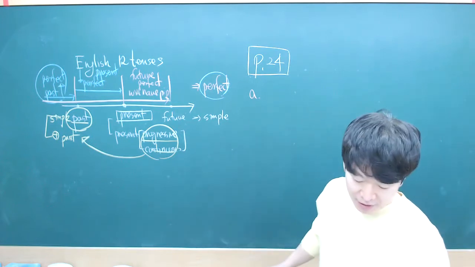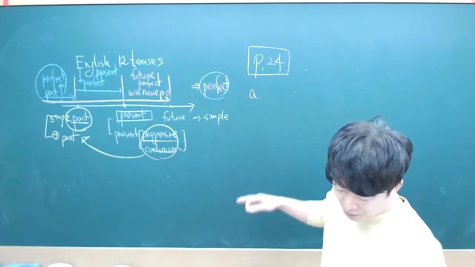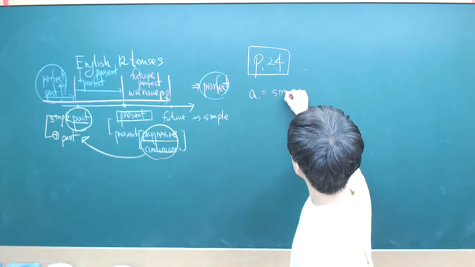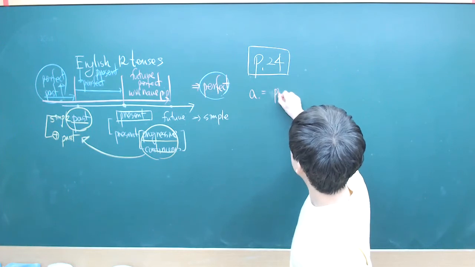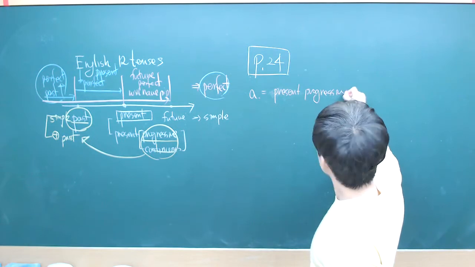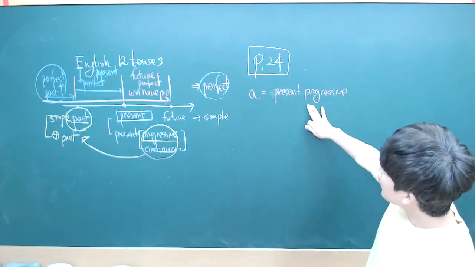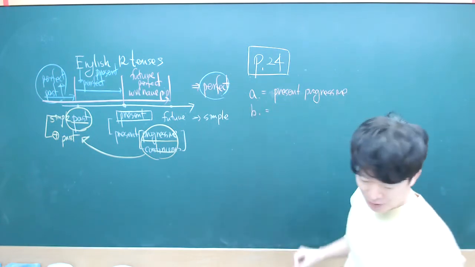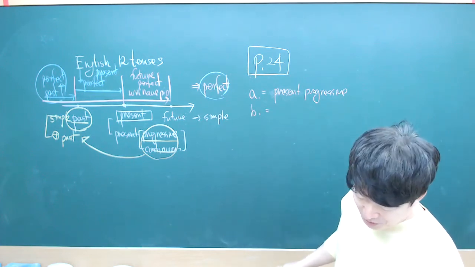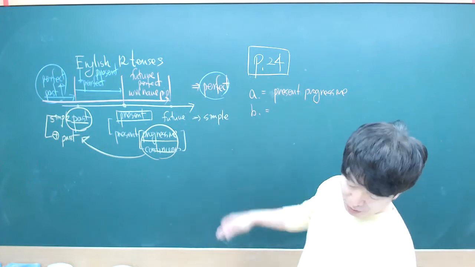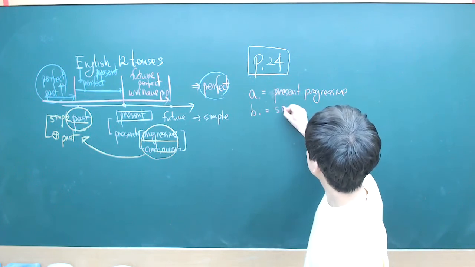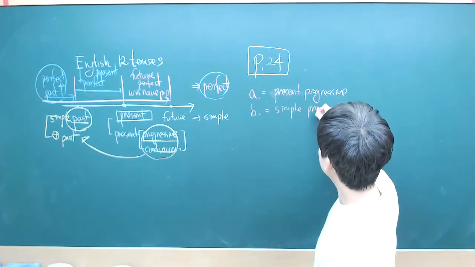A means is in progress right now, which means present progressive. B is usual or is a general statement of fact. You can use simple present.